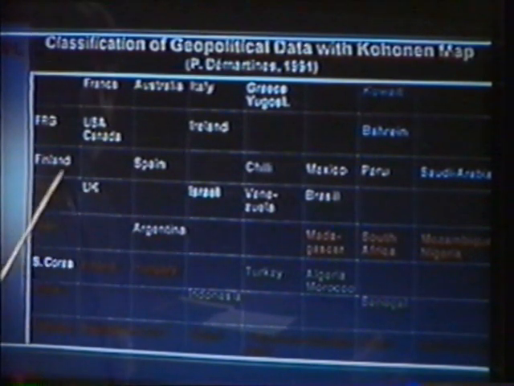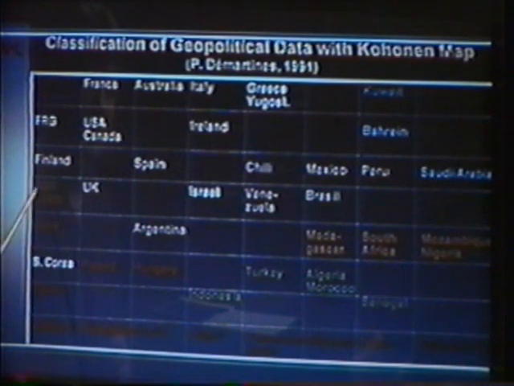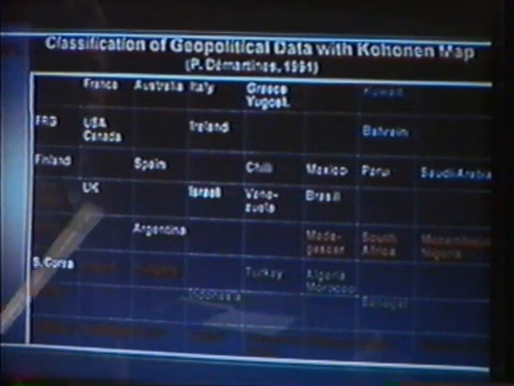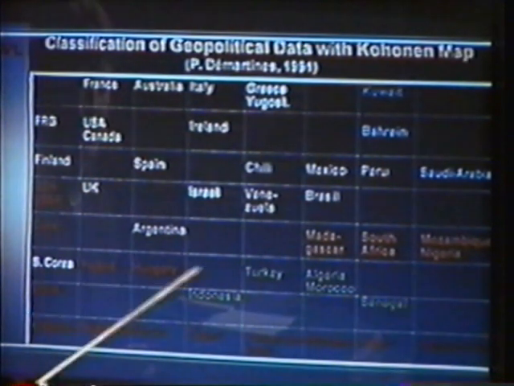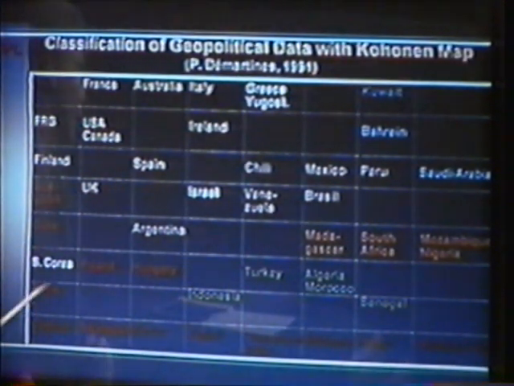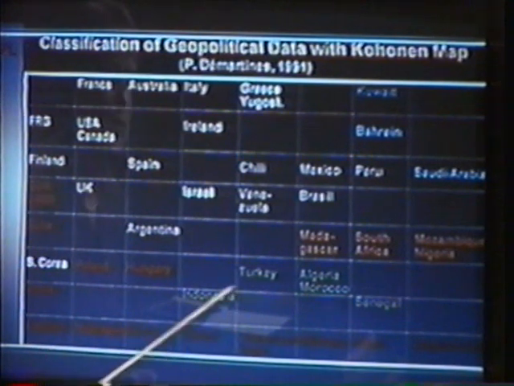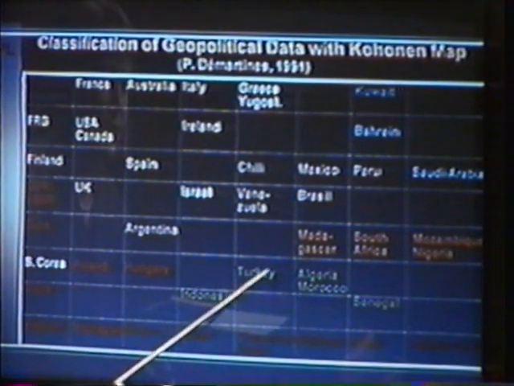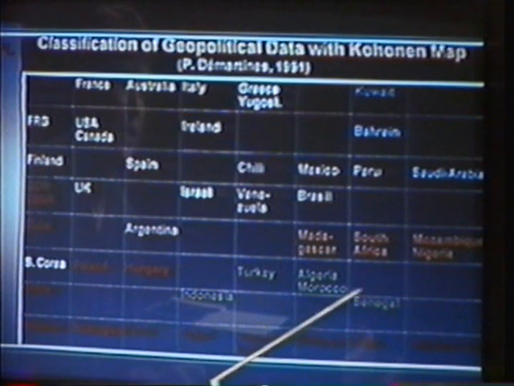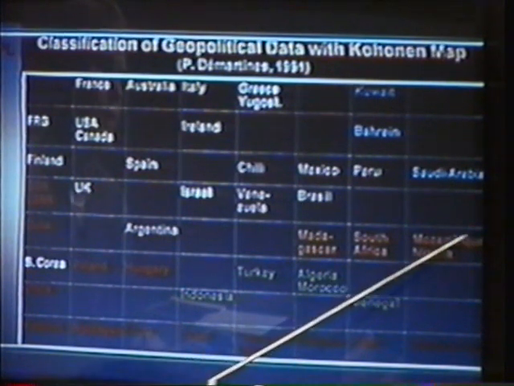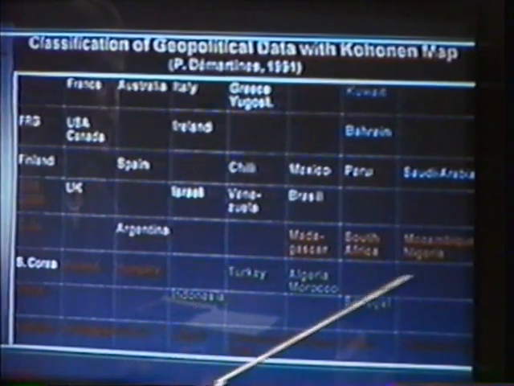We find the communist countries regrouped together. At that time, in '88, we still had the German Democratic Republic, the Soviet Union, Cuba, Chile, Poland, Hungary, Vietnam, Nicaragua. We find some of the Islamic states like Indonesia, Turkey, Algeria, Morocco, Senegal grouped together. Some of the African countries are grouped together.